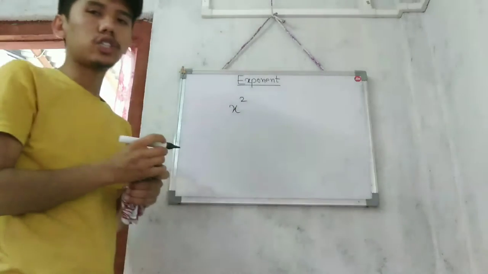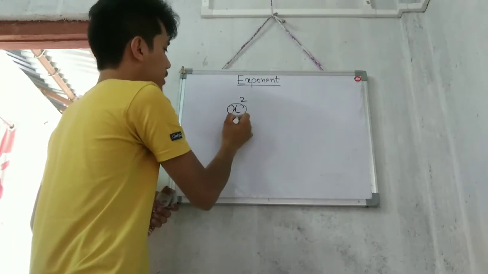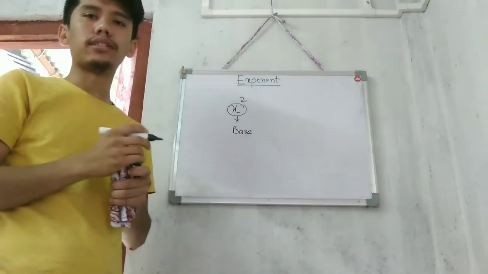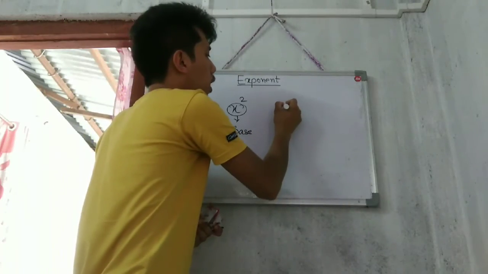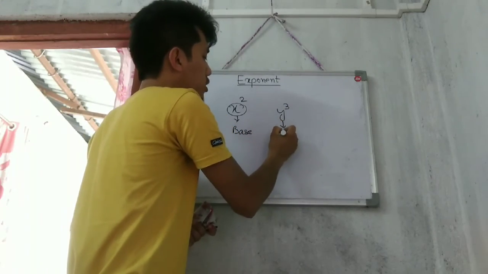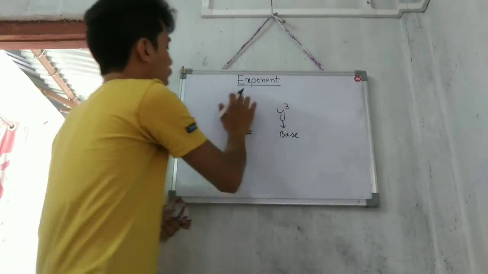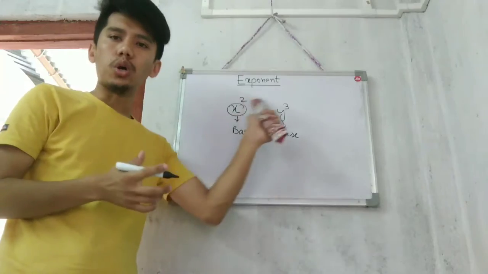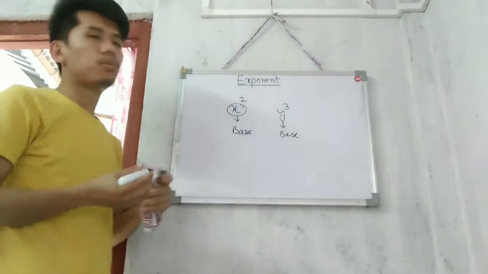In such cases, we call this x the base. Even in y cube, the y is the base. And these 2 and 3 simply represent the power of the particular variables.